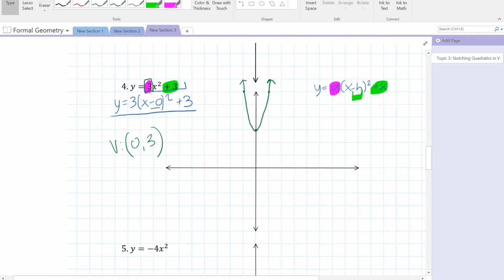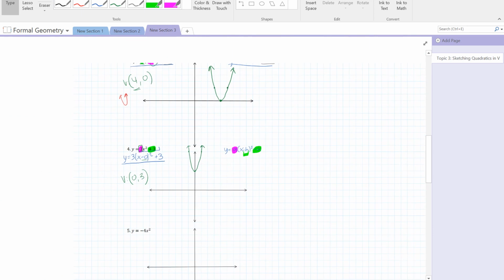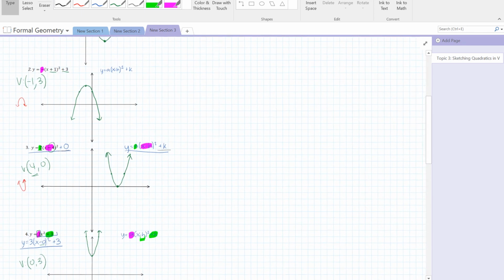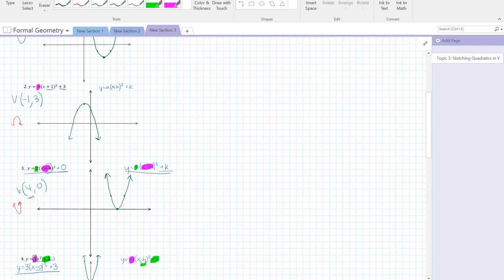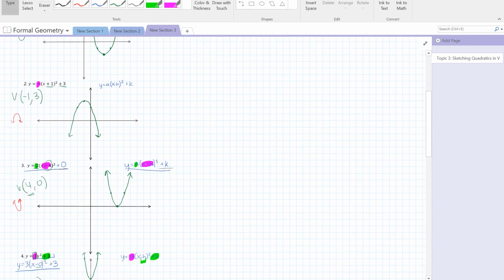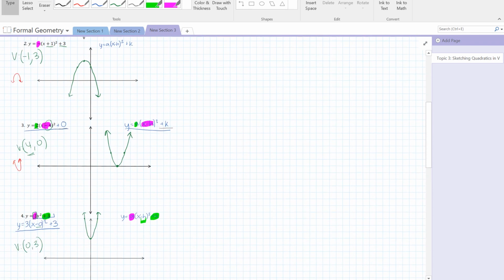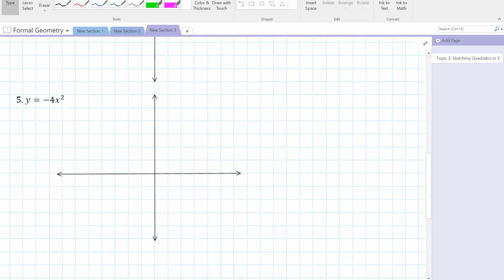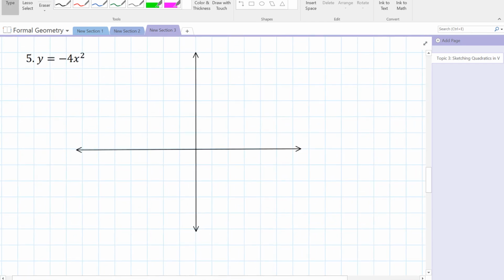And if I zoom out for a second, you can see how as my a value gets bigger and bigger, it sort of becomes more and more narrow. It's becoming skinnier.